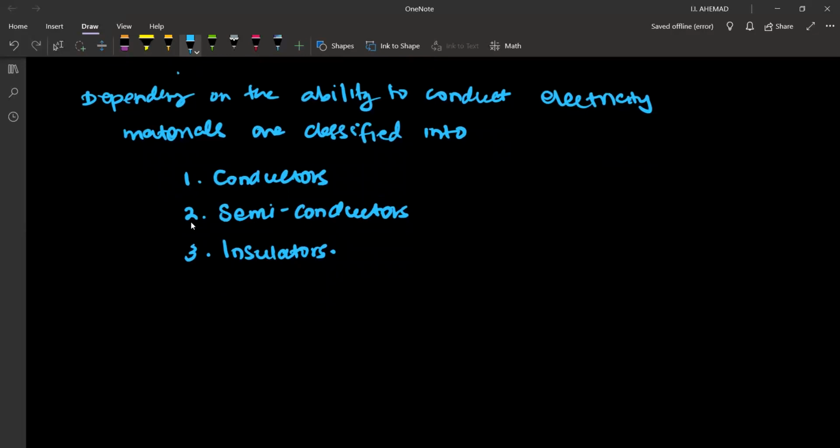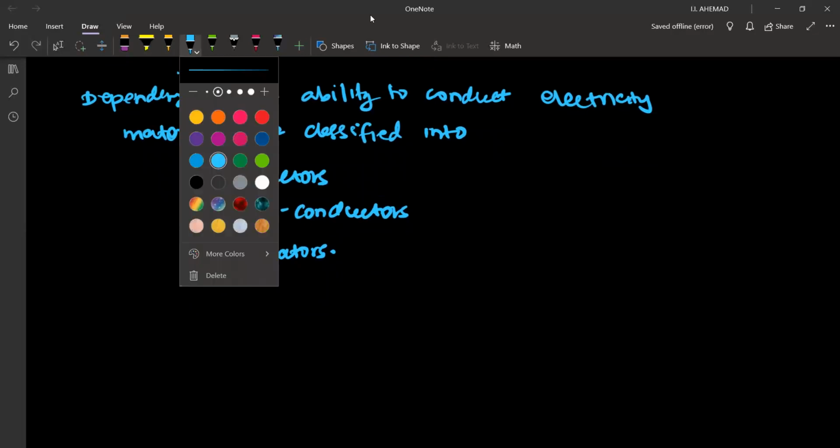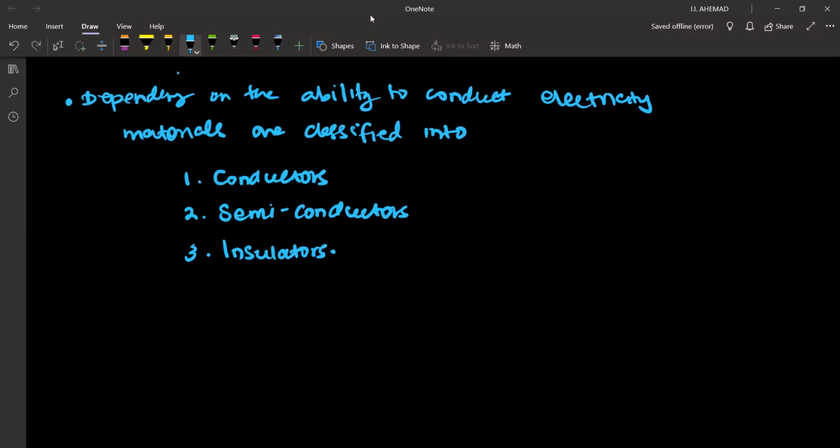Now, why do conductors conduct electricity, and why are insulators not able to conduct electricity? The reason is conductors have charge carriers, but insulators do not have charge carriers. Then we have the semiconductor.